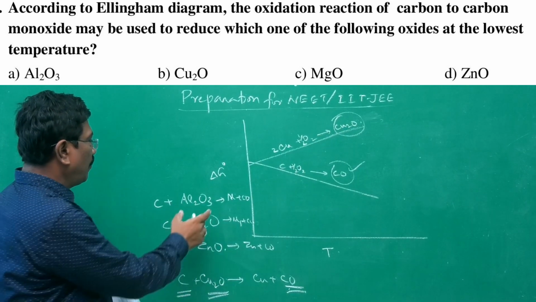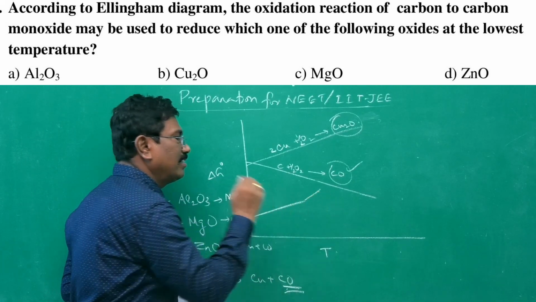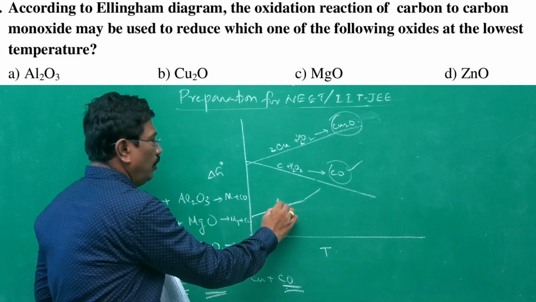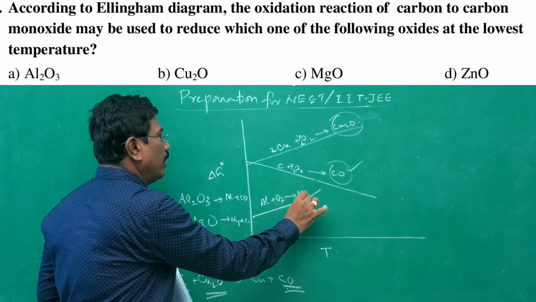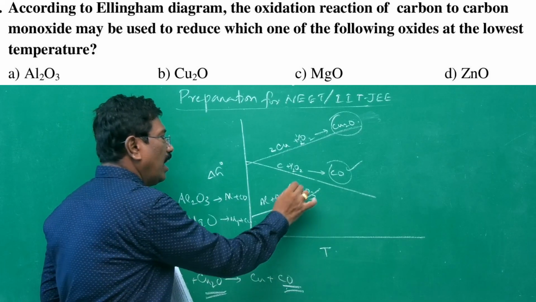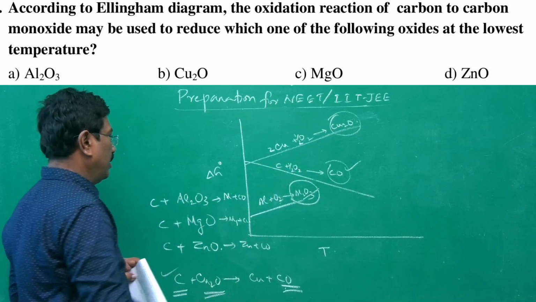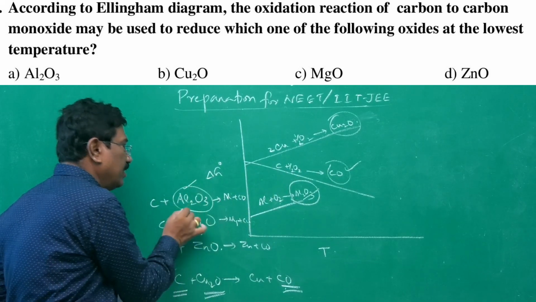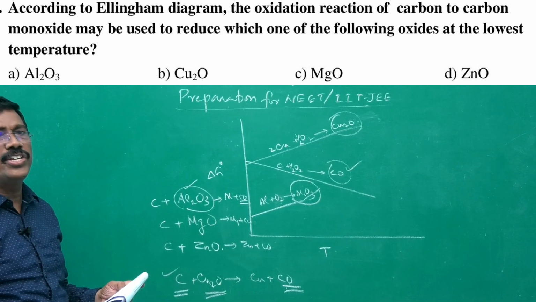But in all other cases, for example, alumina, it is at the bottom. It goes like this, alumina. So, Al plus O2 gives Al2O3. Alumina is more stable than carbon monoxide. Therefore, aluminium retains its position when compared to CO. The next, magnesium oxide.